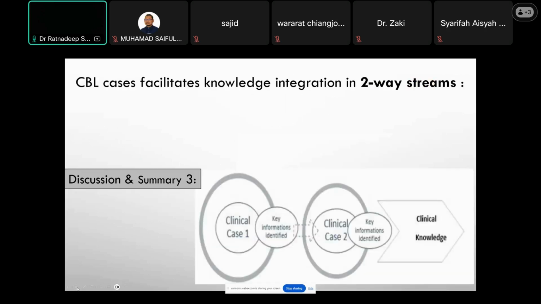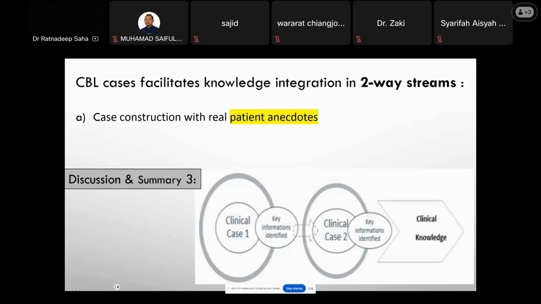Lastly, we believe that the integration of theoretical knowledge into clinical knowledge was aided by two main courses. The first one is the clinical case construction with real patient anecdotes that have some kind of realistic impact on the students and help them to immensely gain their knowledge, to get the clinical clues that may help them to create some kind of differential diagnosis in their early career.